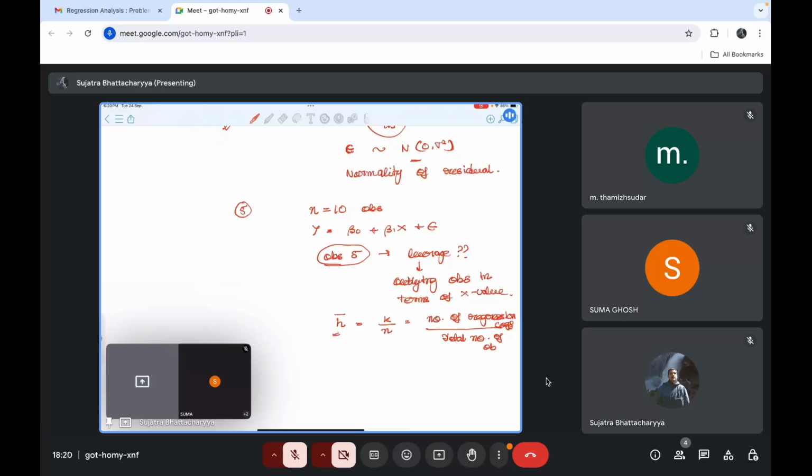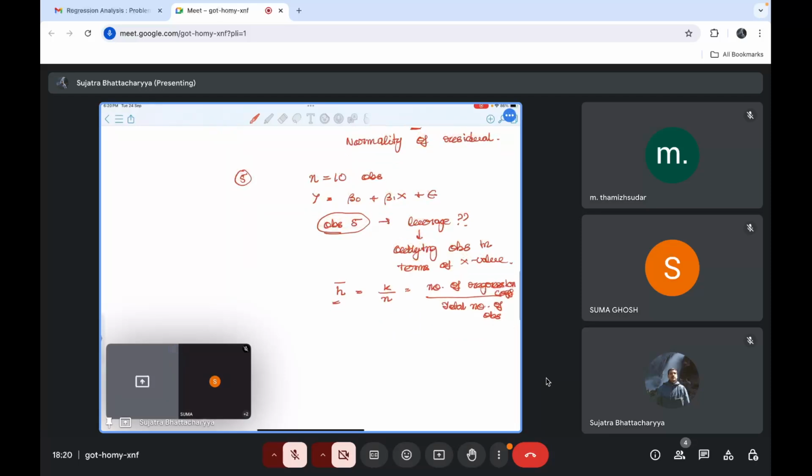So this will act as a threshold. What is this H bar in this case? Beta naught and beta 1 are two unknown parameters, so K is 2, divided by the number of observations, which is 10. So this will be 0.2.